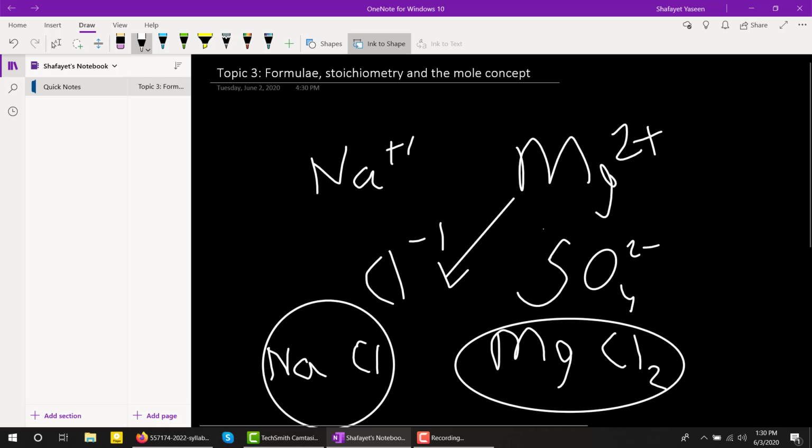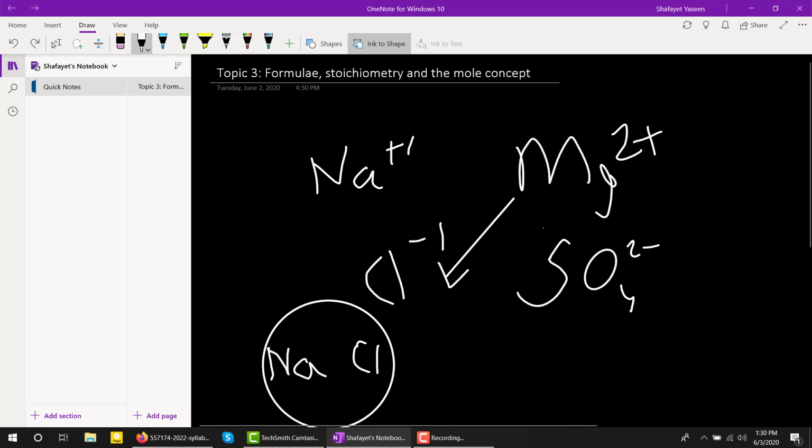Alright, so there's something else I forgot to mention, which is, let's have a look at what happens when magnesium combines with the sulfate ion, right? This is a sulfate ion. Let's have a look at what happens when magnesium Mg2+ combines with SO4 2-.